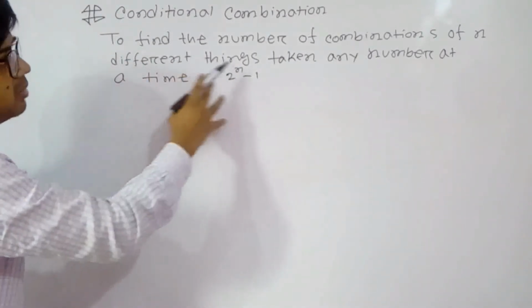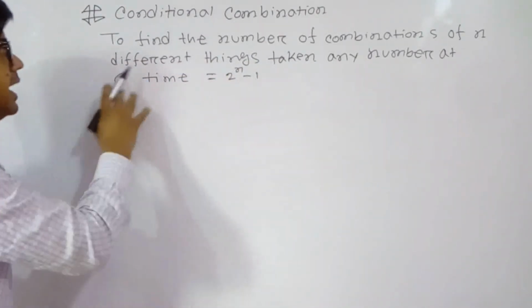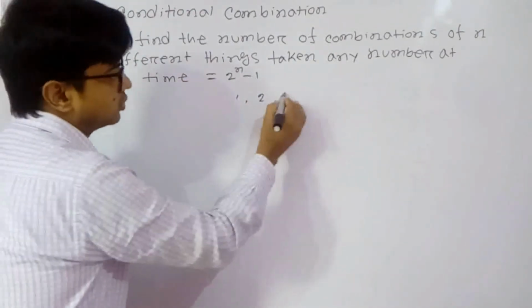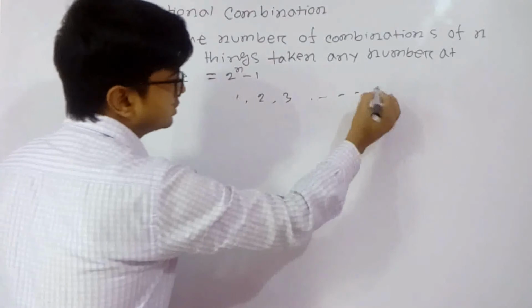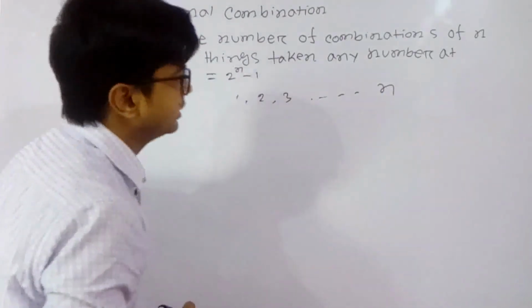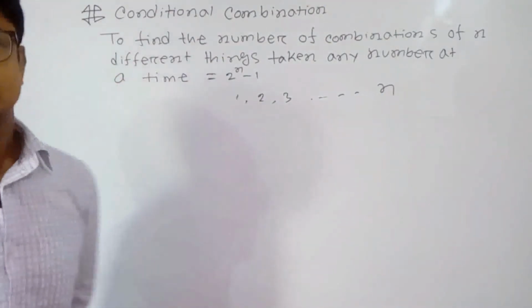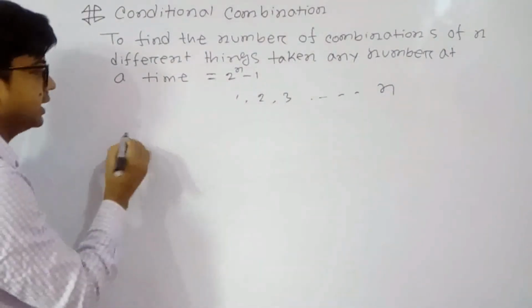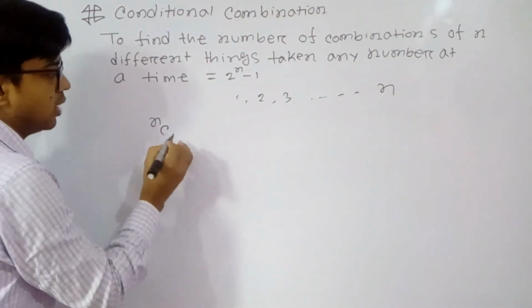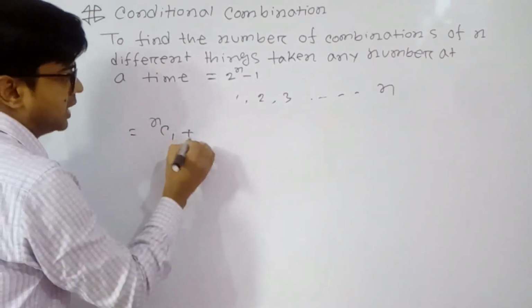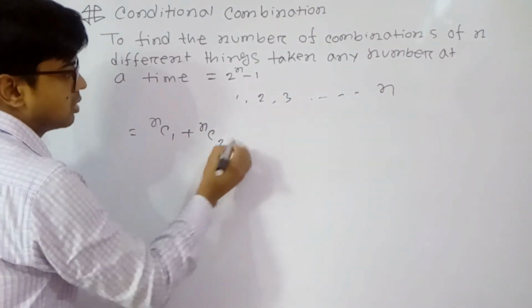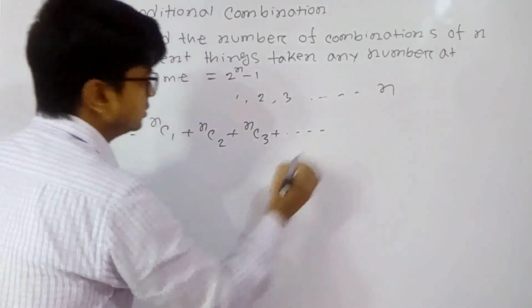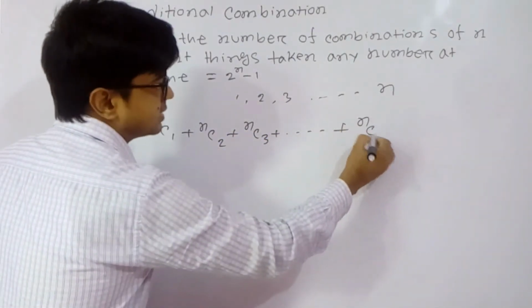Suppose the number of combinations of n different things taking 1, 2, 3, and so on, n things at a time. So we can write nC1 plus nC2 plus nC3 plus and so on plus nCn.